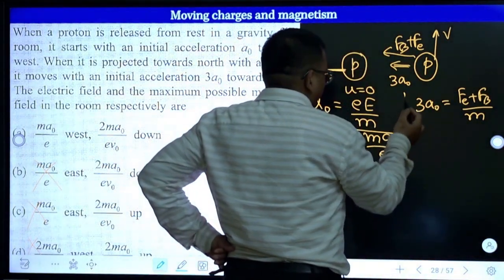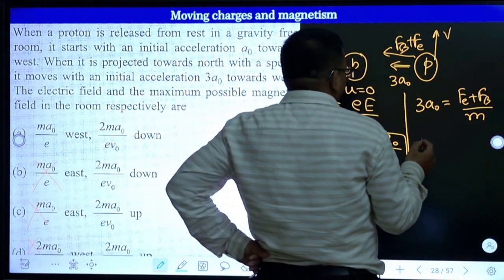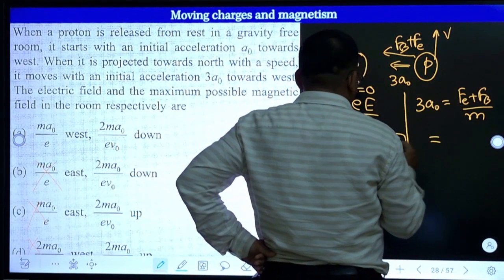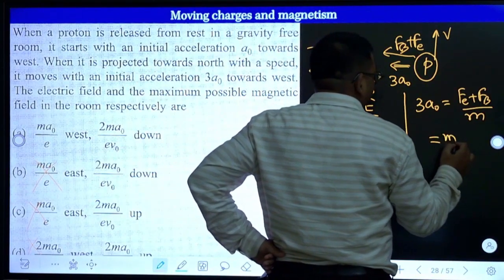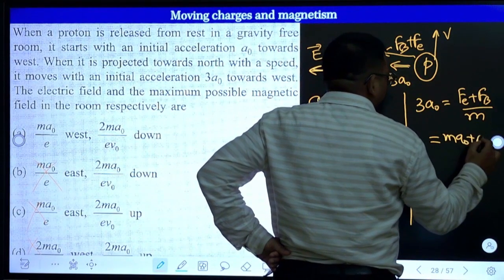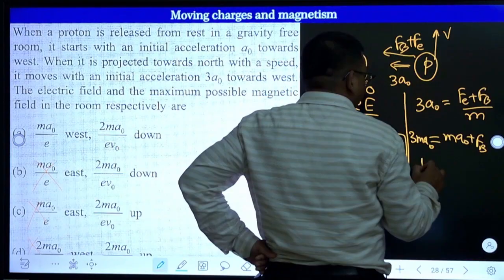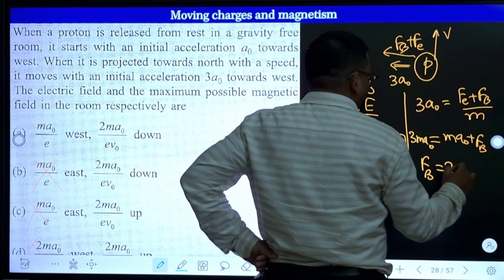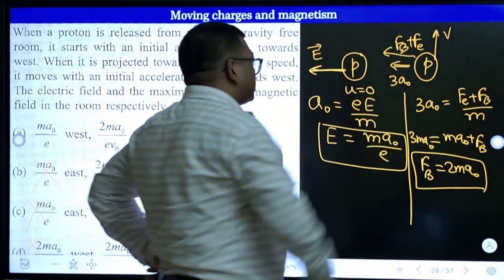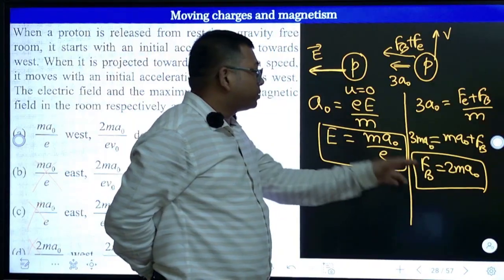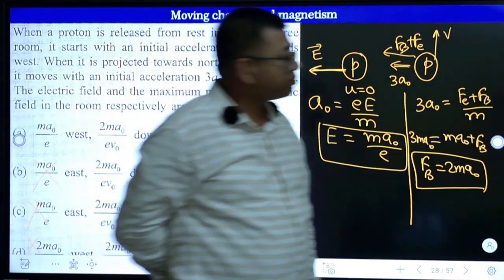And the electric field we have already calculated. So charge into E is m a0, plus magnetic force, and this becomes 3m a0. So the magnetic force is 2m a0. But the magnetic force contribution is in the same direction, correct? So 2m a0 and m a0, that is 3m a0.